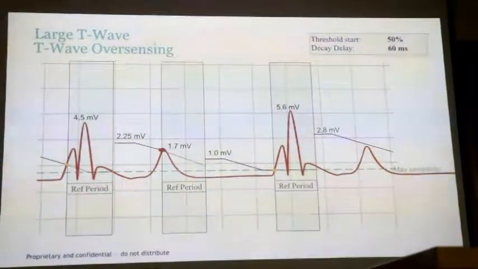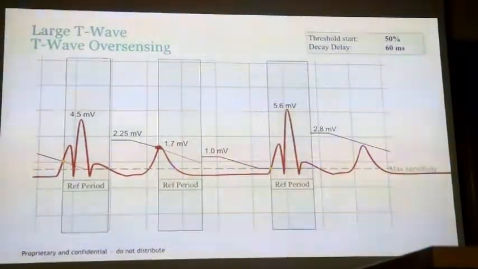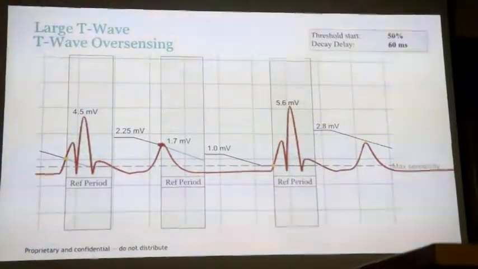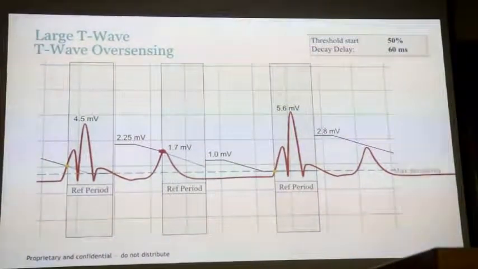So it's almost always small R waves. That's one reason why you need a good R wave for an implant, more than 6-7 millivolts. If it's down at like 3, you've got problems, not just with undersensing of arrhythmias, but also potentially T-wave oversensing.